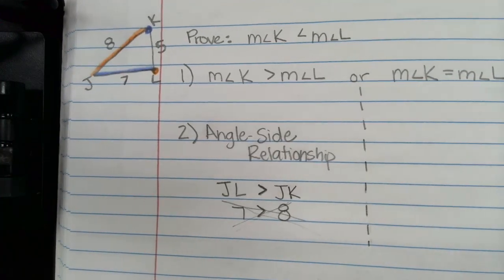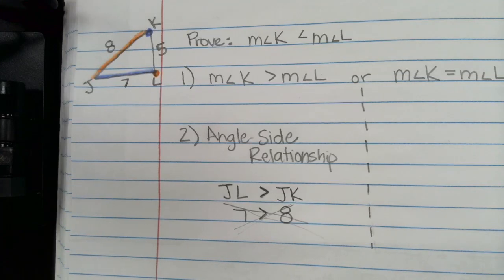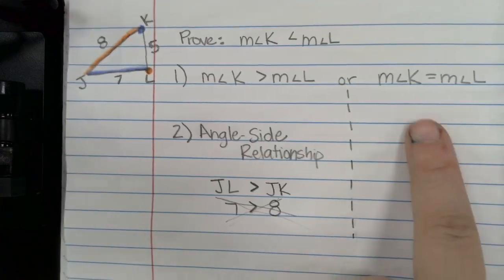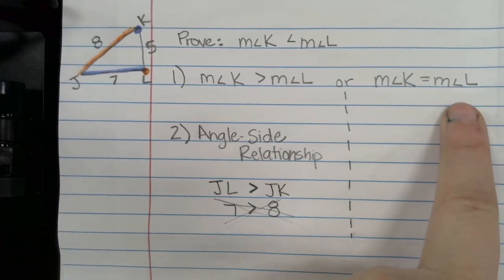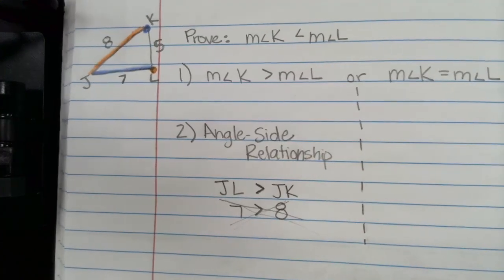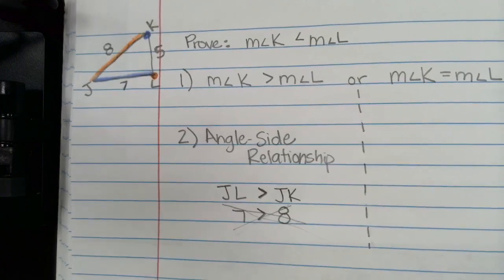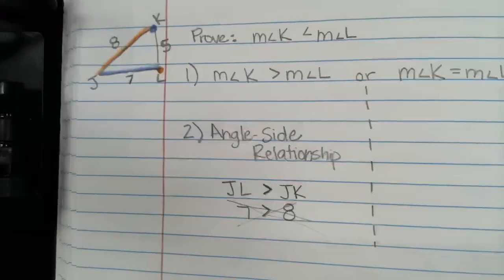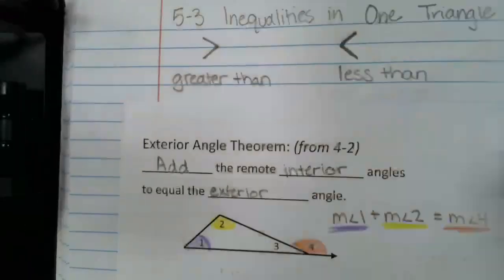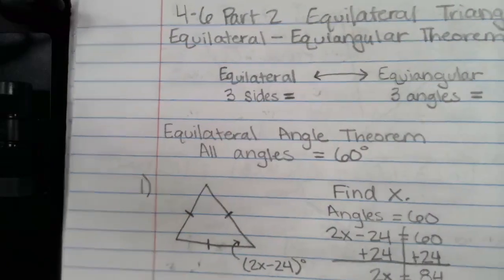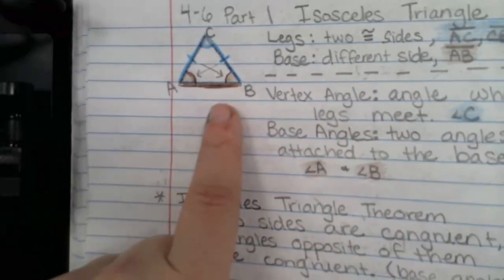All right, this one we kind of have to jump back to trimester 1 just for a moment. This one we're saying measure of angle K is equal to measure of angle L. Does anyone remember what we call a triangle where two angles are equal? Going back to chapter 4, which type of triangle has two angles that are equal? Yeah, isosceles. Beautiful.